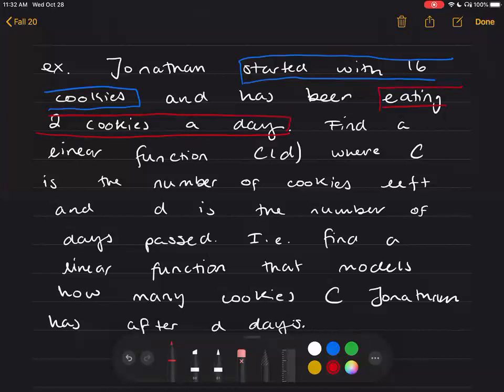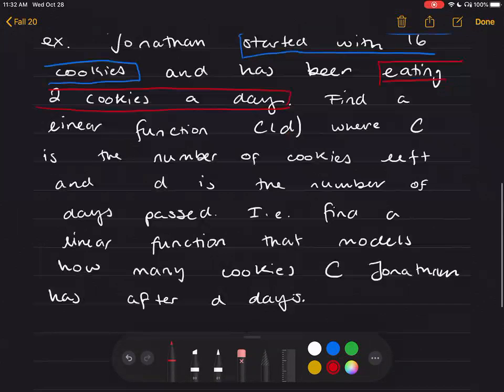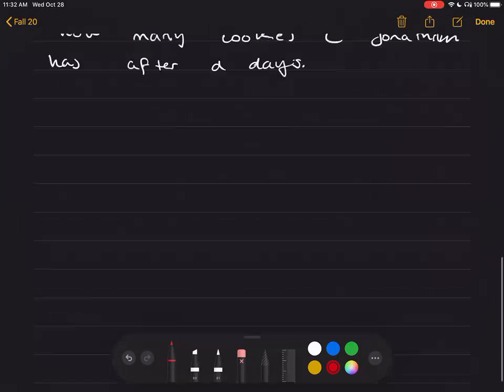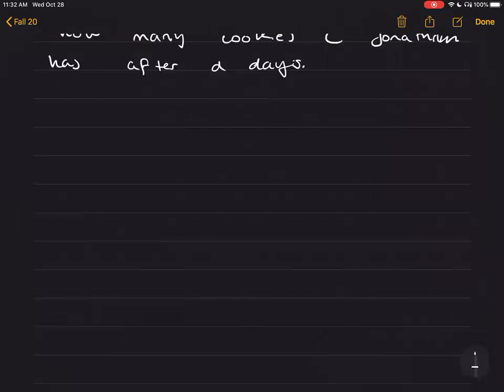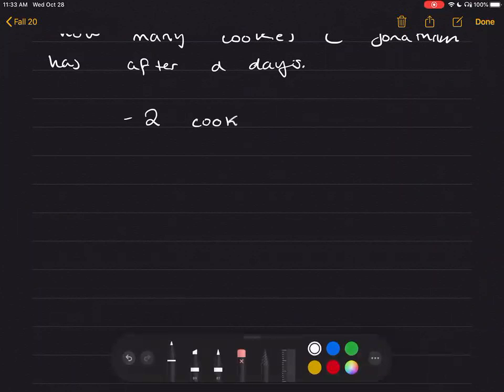So that will be our slope when we go down to write this equation. So if we're eating 2 cookies a day, we're going to lose 2 cookies a day. So we're going to write that as a negative number. So we have minus 2 cookies a day.